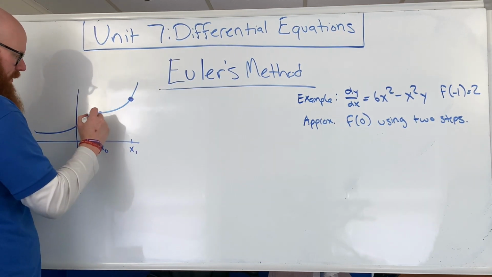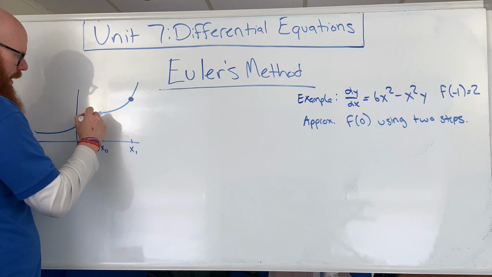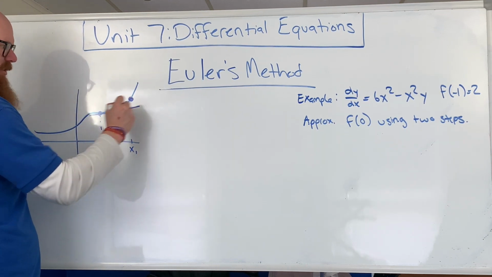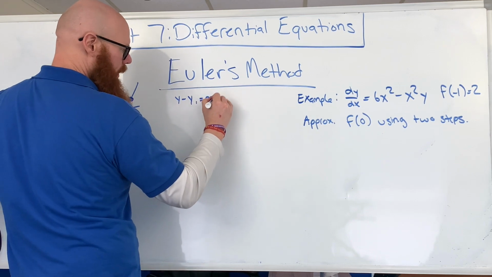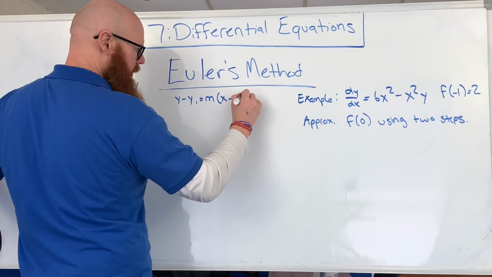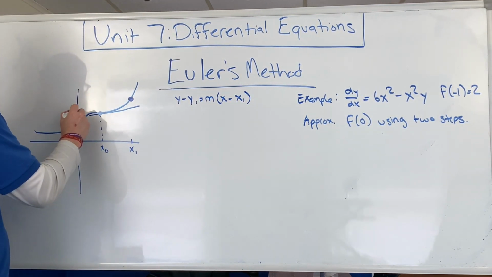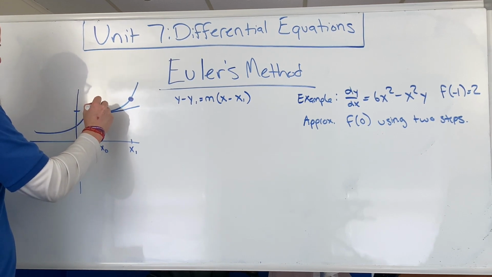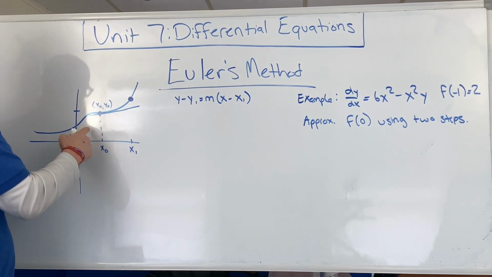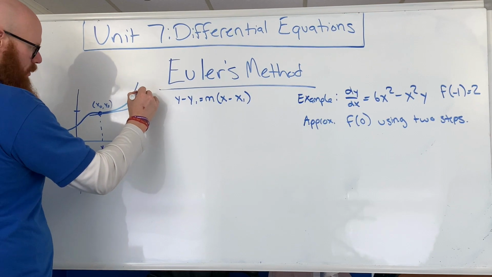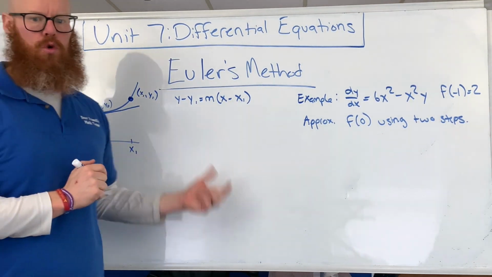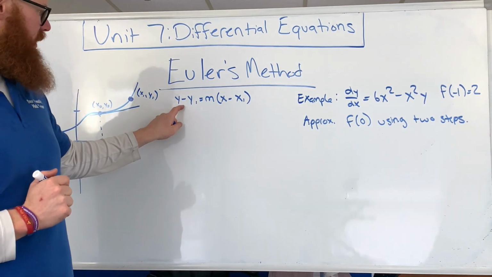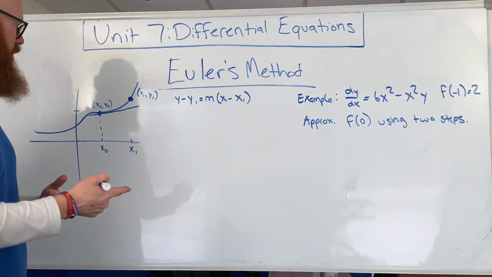So let's review. Let's say we know this value here and we're trying to approximate this value. Let's imagine that there is some tangent line here. And the equation of a line is y minus y1 equals m times x minus x1. And let's say that this has the coordinates x0, y0, some initial point, and we're trying to find these coordinates x1, y1. Well, if we were to use this formula, things are going to switch up a little bit.